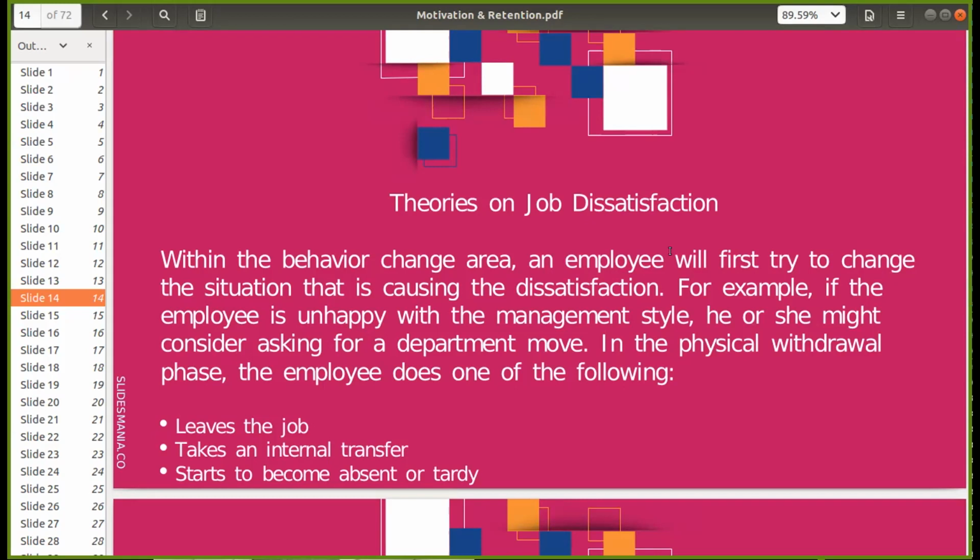So ang gagawin niya ay he or she leaves the job or takes an internal transfer. Okay, parang lumilipat na siya nang hindi alam ng boss na unti-unti, then starts to become absent or tardy, no? Malagi na siyang absent, late, nag-awol, ayan.